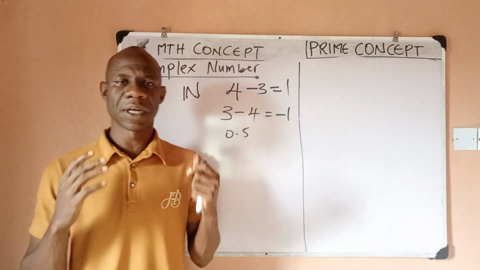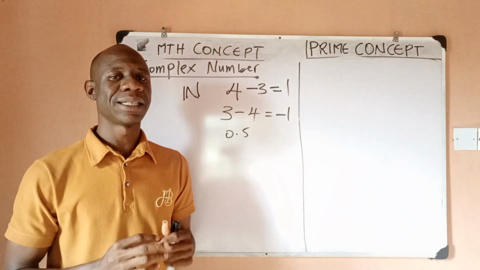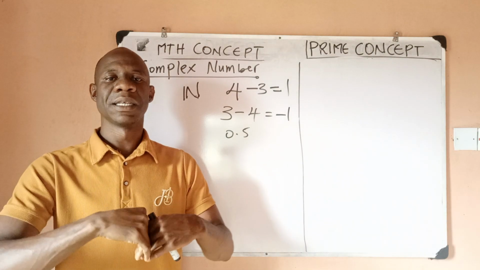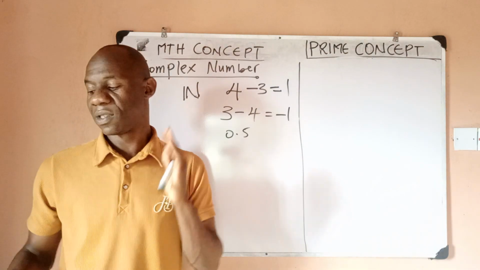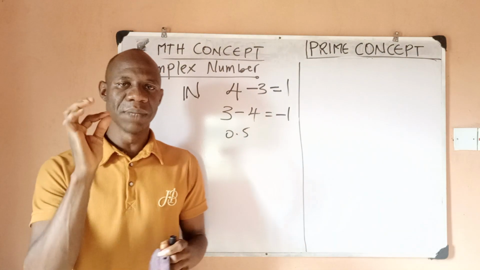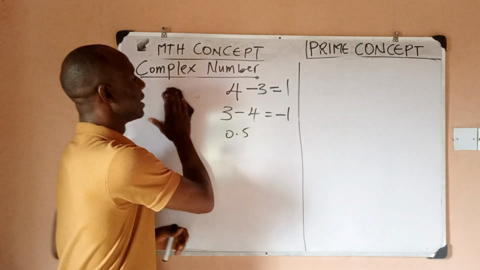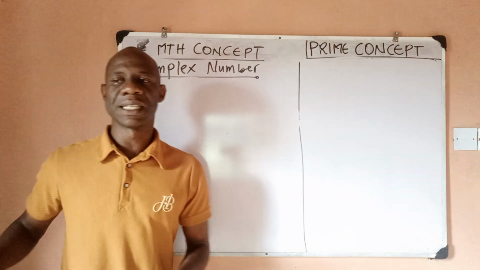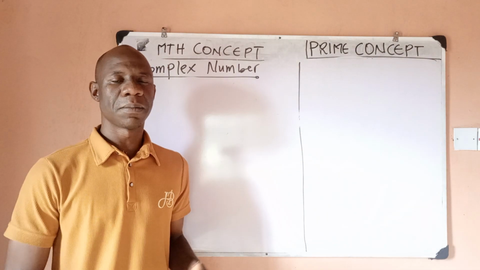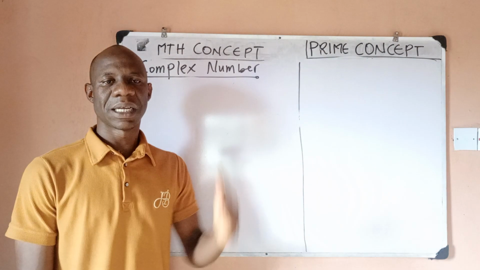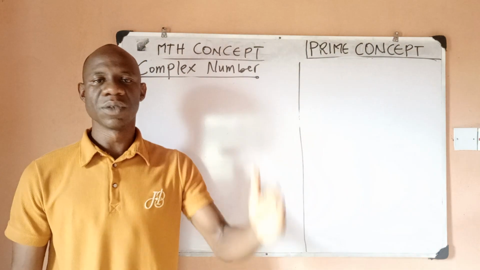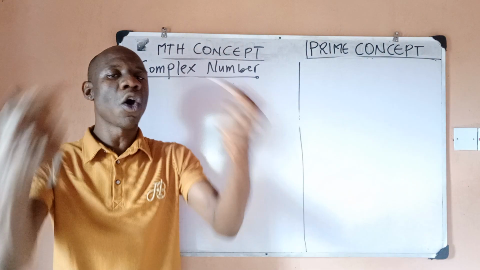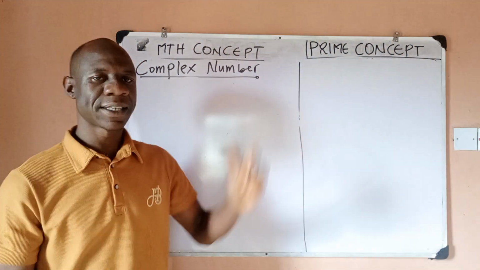For the sake of learning, you should understand that the complex number is the largest number in the number system. What it means when we say the largest number is that every other kind of number we can think of, the natural number, the irrational number, the rational numbers, the real numbers, the integers, all these types of numbers are under the complex number.